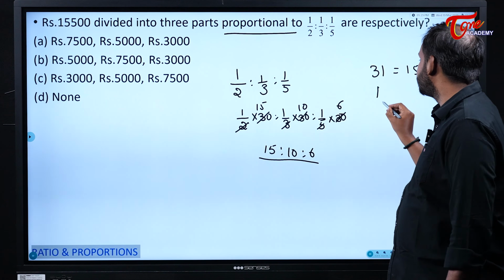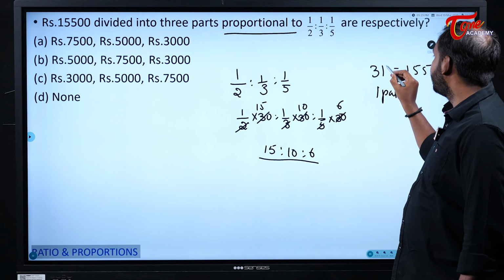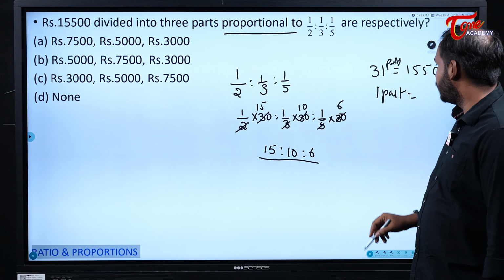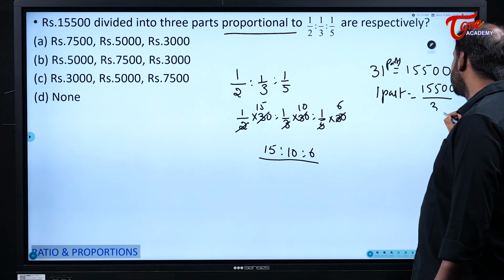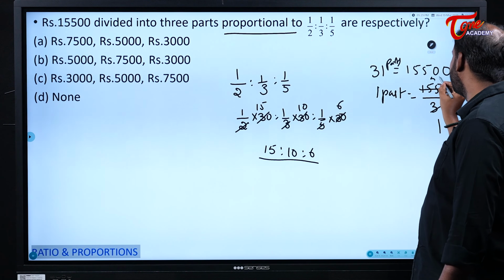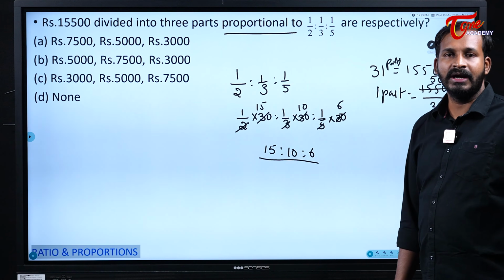So one part becomes what? 31 parts is equal to 15,500, so one part will be 15,500 by 31. 31 5s are 155 and 0. So one part is 500.